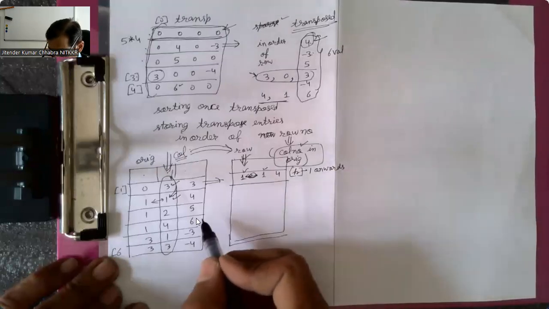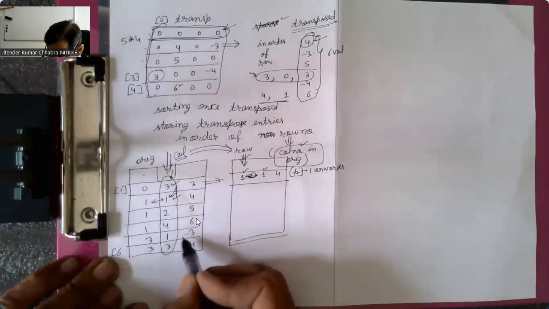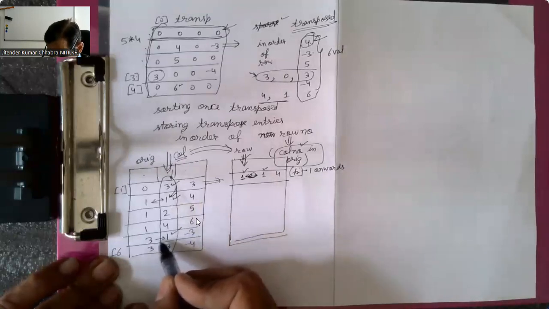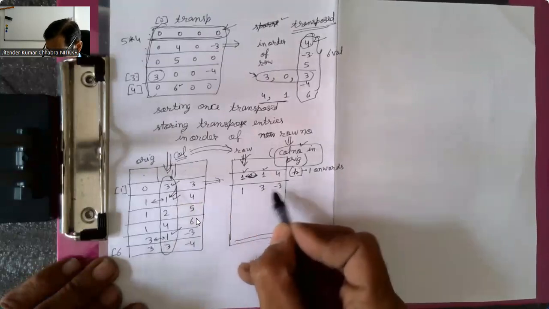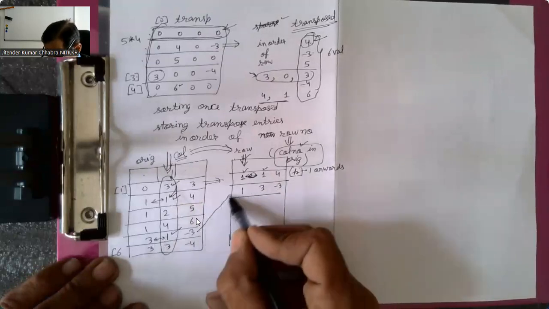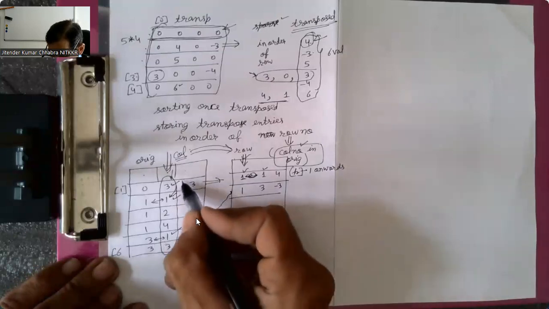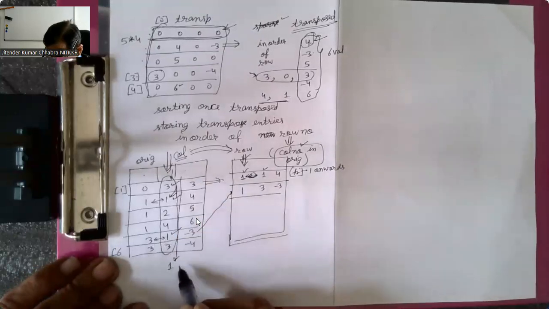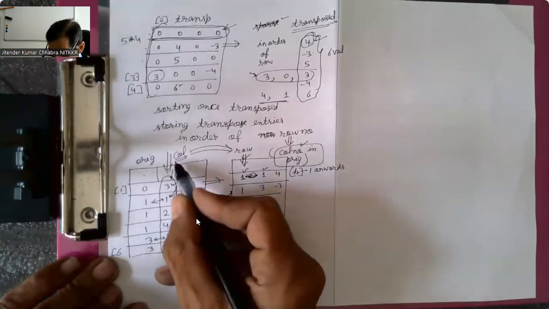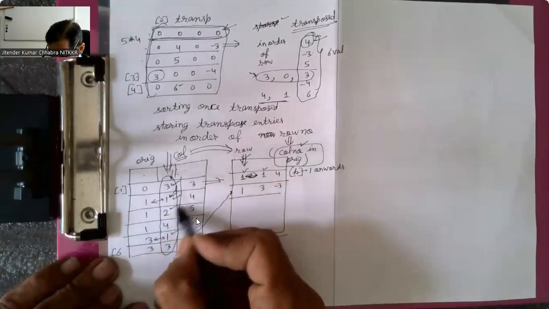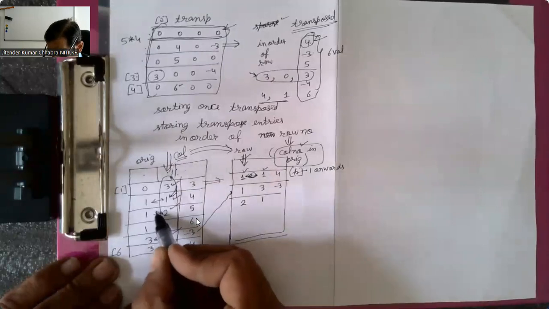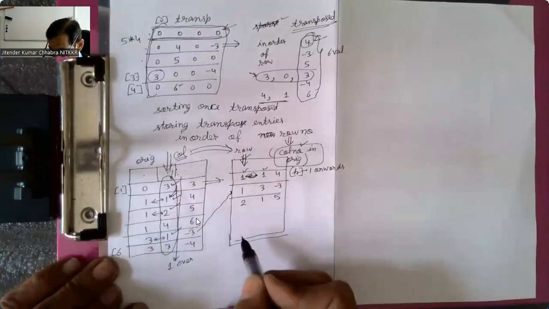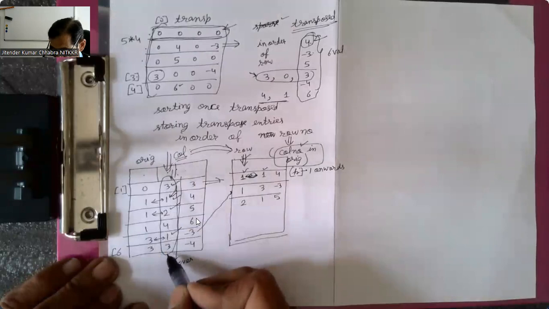Then any more entry? Yes. Then this should be stored: 1, 3, minus 3. This will come here. Then 1 is over, go for 2. Again take this entry, 2, 1. So these values are interchanged. Value 5. 2 is over.